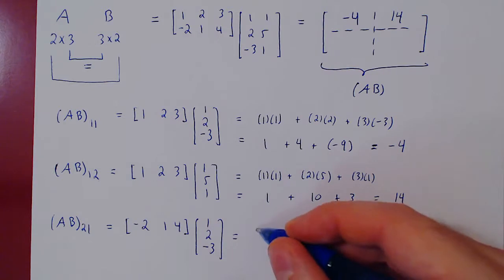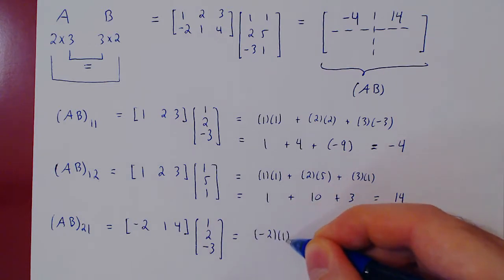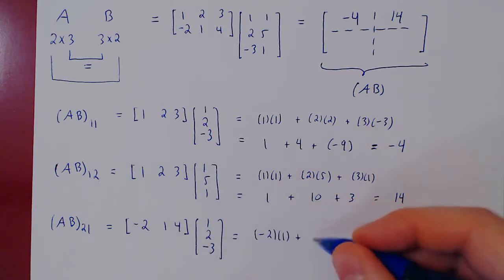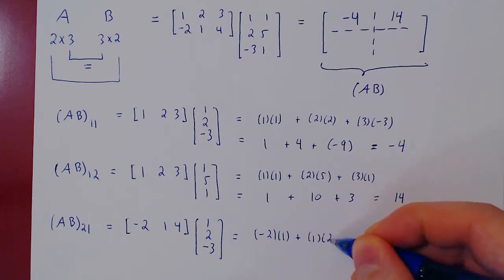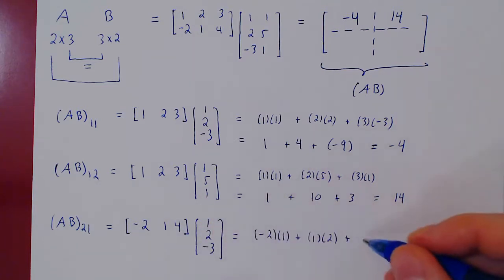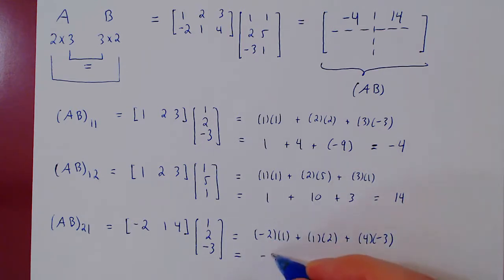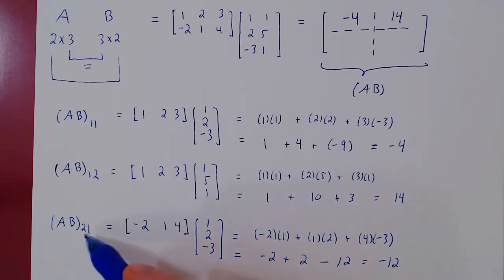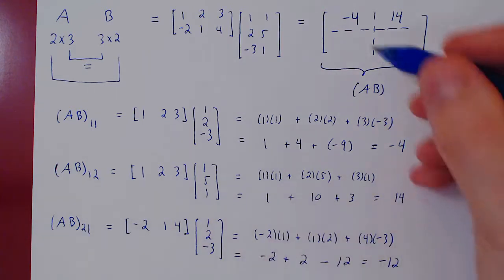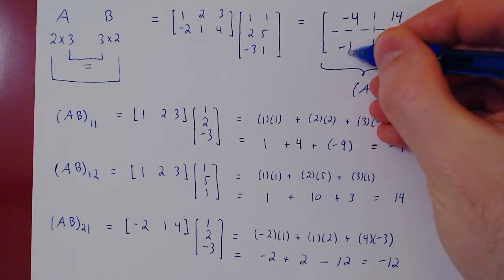So negative 2 times 1 plus 1 times 2 plus 4 times negative 3. Well, we get negative 2 plus 2 minus 12. So in the end, we're left with negative 12. So this is the entry in row 2, column 1. So it's the entry here.